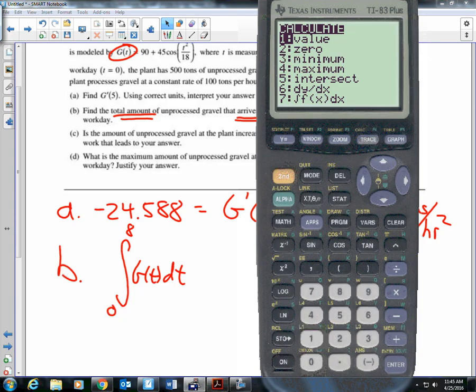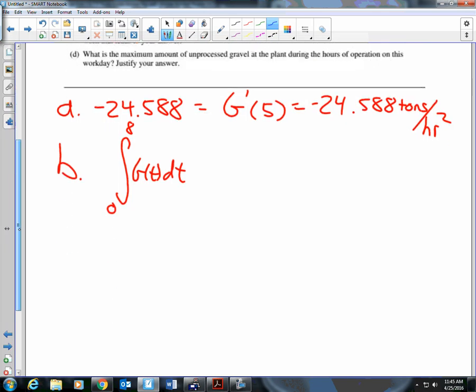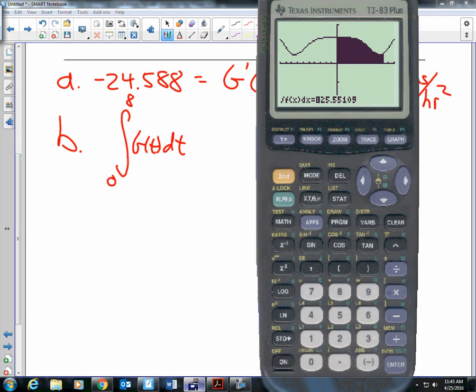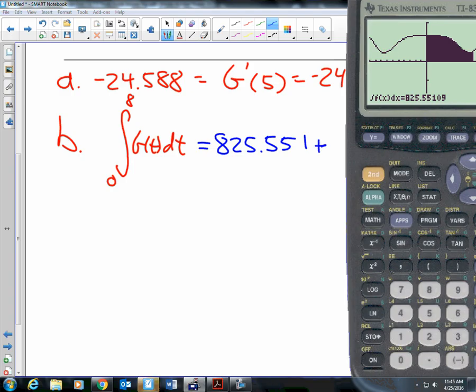So we will calculate number 7, from 0 to 8. The result is 825.551. And what is the measurement? Tons. And this is just going to be tons, not tons per hour, because this is the actual amount that we're receiving.